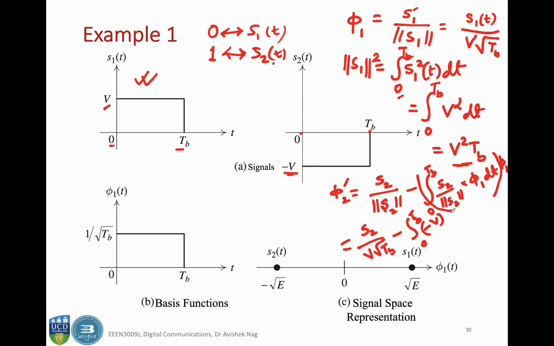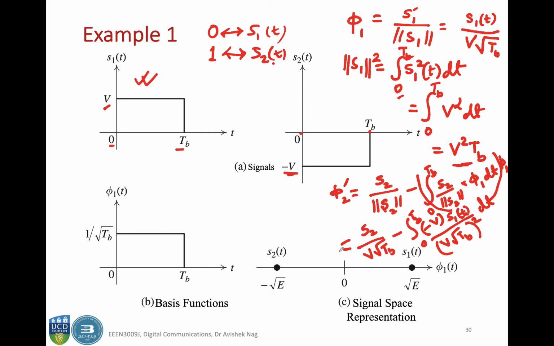The norm of S2 is V root TB, and phi 1 also has a denominator V root TB, so there will be V root TB squared in the denominator.